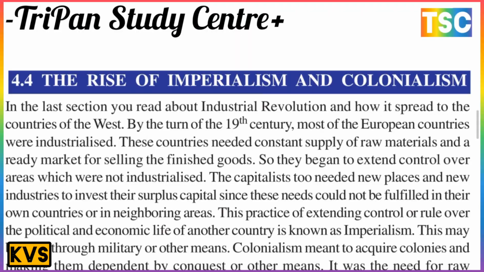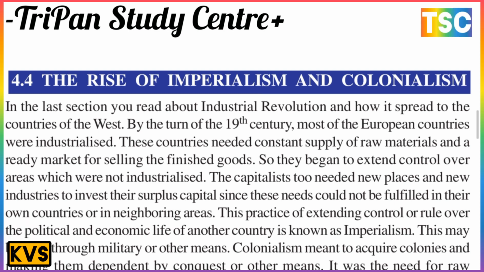In the last section, you read about the Industrial Revolution and how it spread to other countries. By the turn of the 19th century, most of the European countries were industrialized, and these countries needed a constant supply of raw materials and a ready market for selling the finished goods.